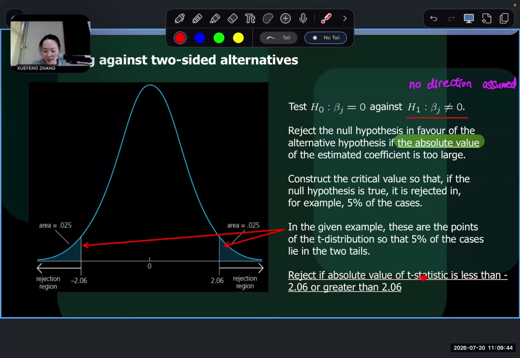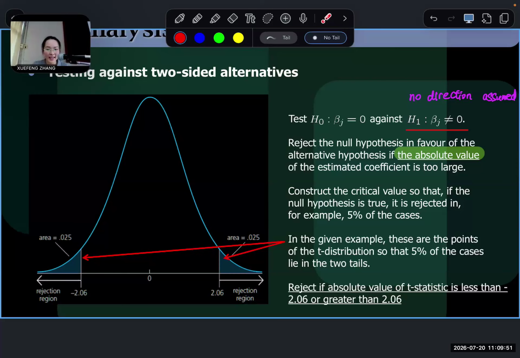So here I showed you the rejection rule. And you need to know that two-sided tests are the default in econometrics. This is what you'll use in most papers and in most cases in this course. We're going to use two-sided. Because suppose x j, can we say that x j has a positive effect on y for sure?